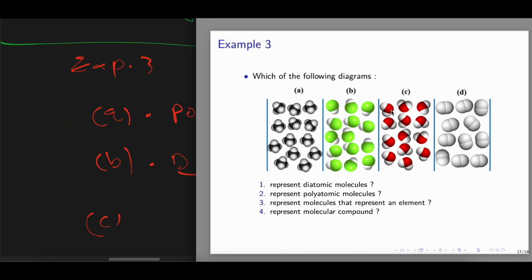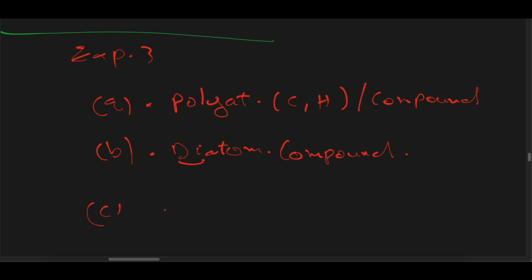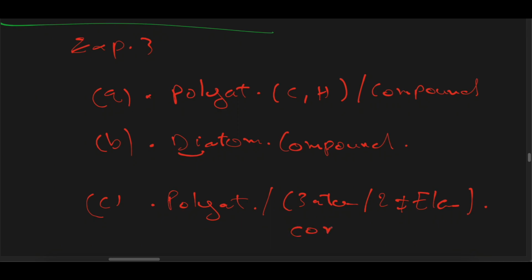Here the red is the oxygen and the white are the hydrogen. So we have 3 atoms, which means it is a polyatomic molecule. It is composed of 2 different types of element, so it is a compound, a molecular compound.